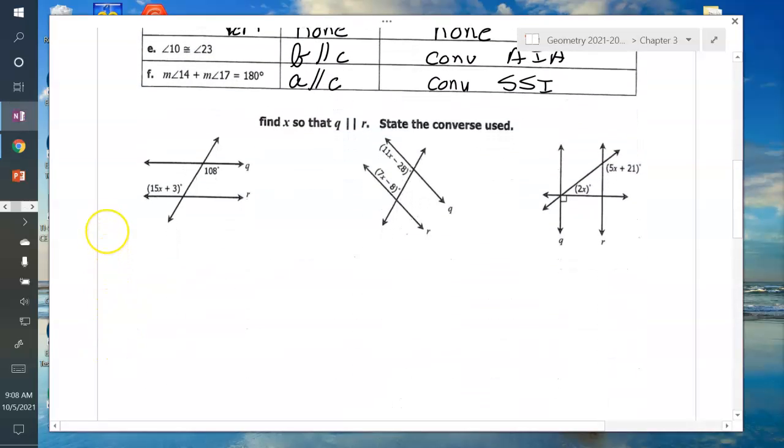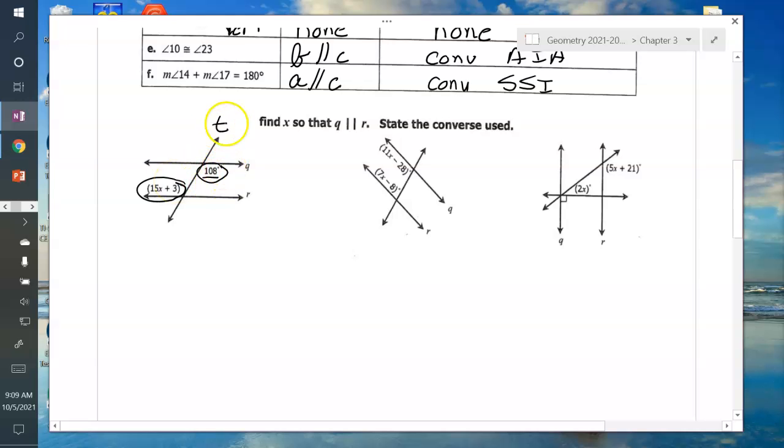All right, now we're going to do some algebra. We're going to find the value of x that forces these lines to be parallel, and we're going to state the converse that we're using. So what you want to do is first identify which relationship these angles are. So I have 108 and 15x plus 3.